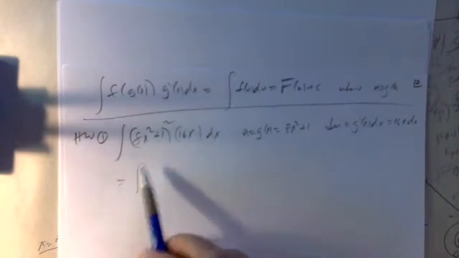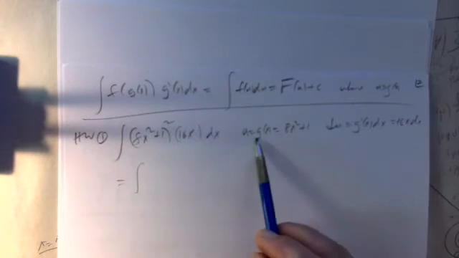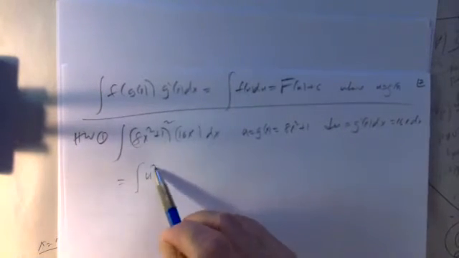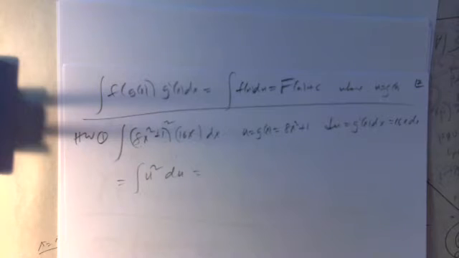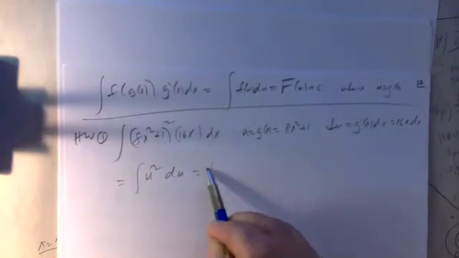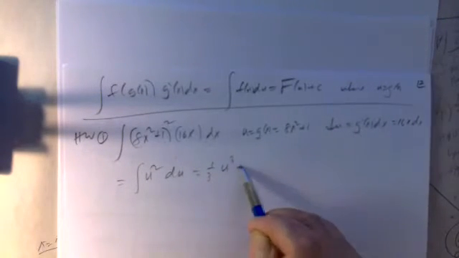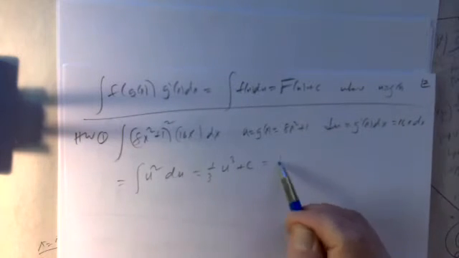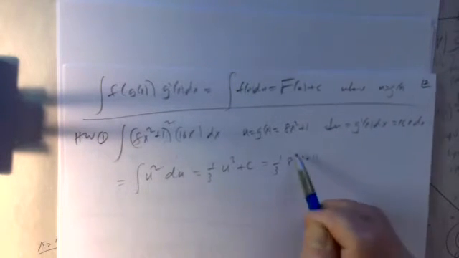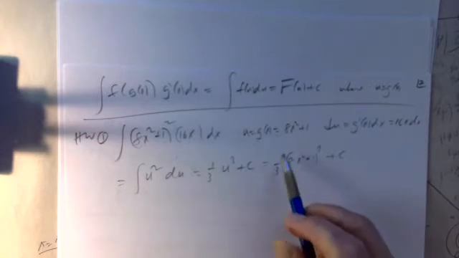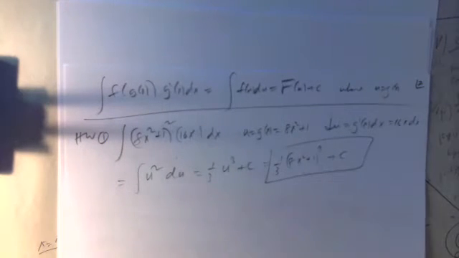So when I substitute, 8x squared plus 1 is u, so that's u squared. 16x dx is du. So we're just integrating u squared, which we know is a third u cubed plus a constant, which is a third of 8x squared plus 1 cubed plus a constant. And that's the answer.